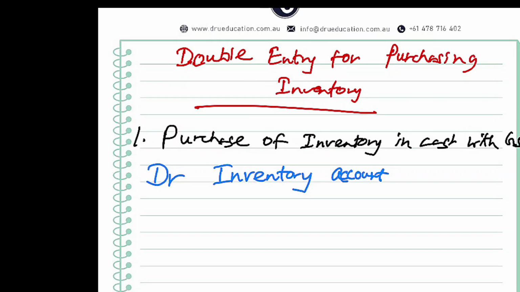When you purchase, should I give you amounts? Let's say 100. Again, what do we do? Debit. Again debit. What is it? GST clearing account.